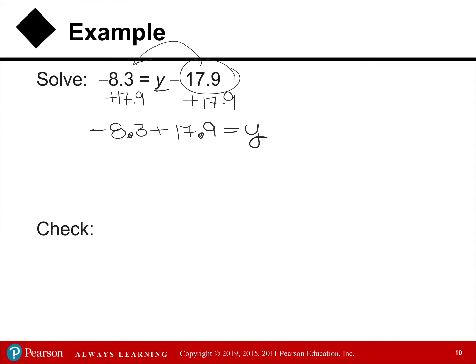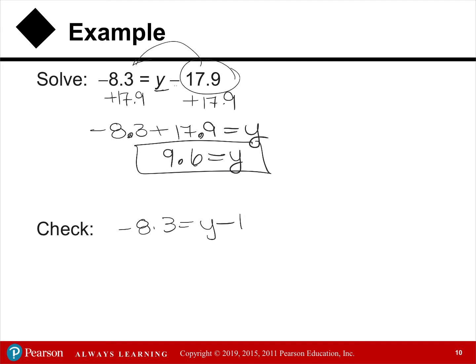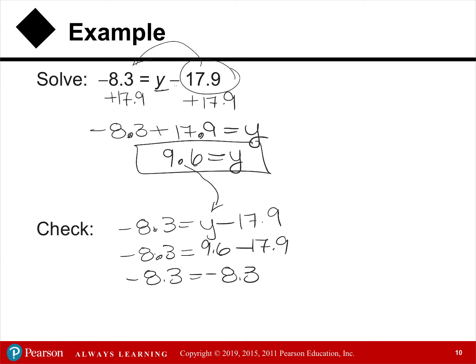Okay, and then when I do that, I get 9.6. If I check it, I'm going to write the equation, then put my answer that I found into its place. I said it was 9.6, so I'm going to put it in here. And it checks out, it's true.